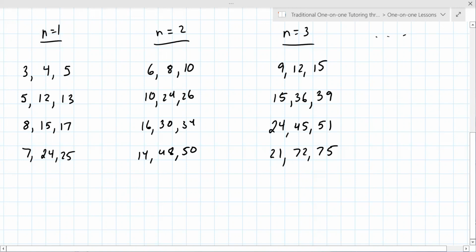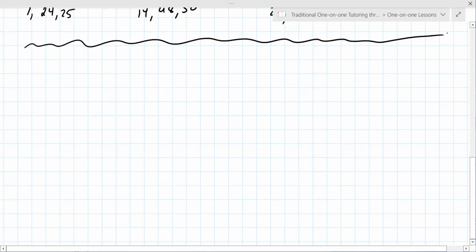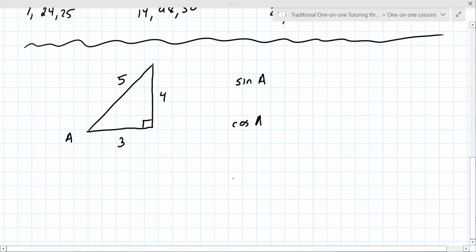So here's the kind of problem that I was thinking about for us to start with today. Oh, and actually, let me draw a triangle here. We should do a little more review on this. So let's say this is 3, 4, 5. This is A. We need to remember what sine of A, cosine of A, and tangent of A are.